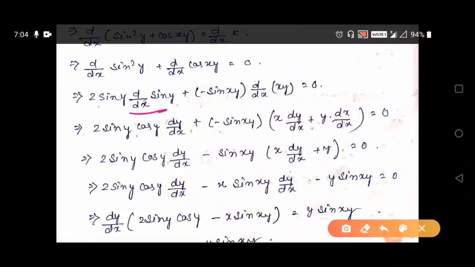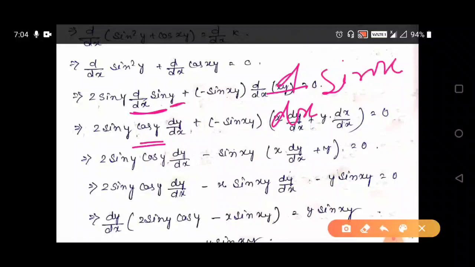Now from d dx of sin y, we can use the formula of d dx of sin x. d dx of sin x means cos x, but here in place of x we have y. So we will write cos y. Since here we are differentiating a function of y with respect to x, we have to keep dy by dx.